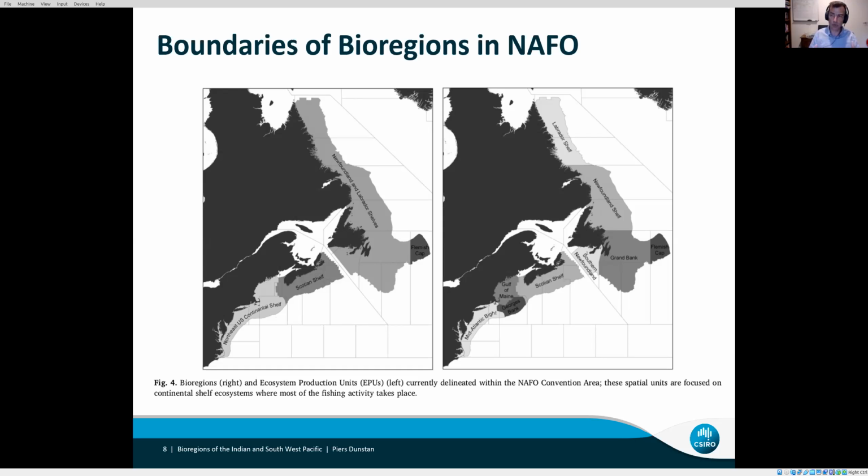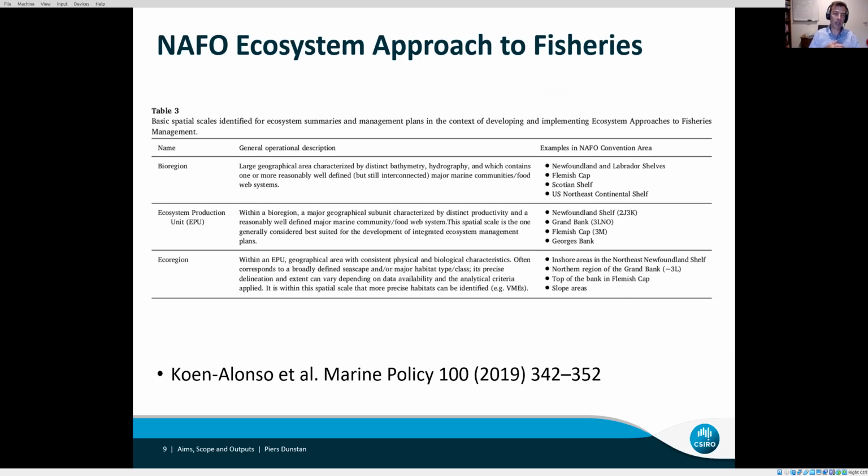They're trying to use the boundaries and the descriptions of the ecosystems within those boundaries to prioritize different sorts of management in different locations. And they've got quite distinct descriptions of what they mean by a bioregion, an ecosystem production unit, and even an ecoregion. And those descriptions scale down to smaller and smaller scales.